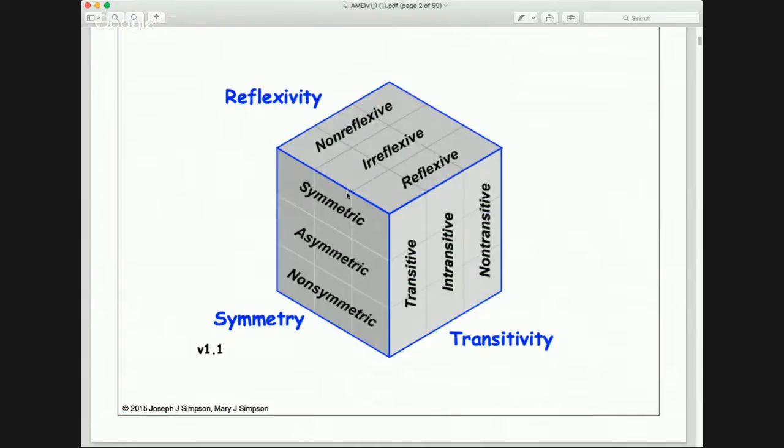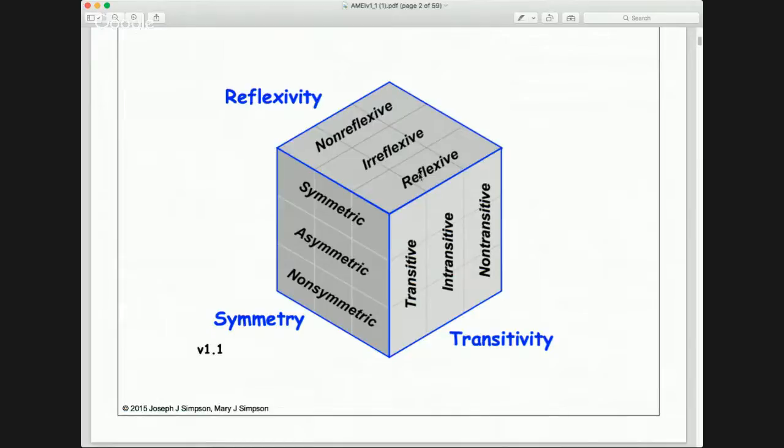So starting to map this area, take, for example, symmetry. If something is symmetric, then we know it is not asymmetric and it's not non-symmetric. Once we know what one of these characteristics and properties exist, then we know that the others don't. So there's a logical relationship and a logic about the mapping of these logical properties to the relation.